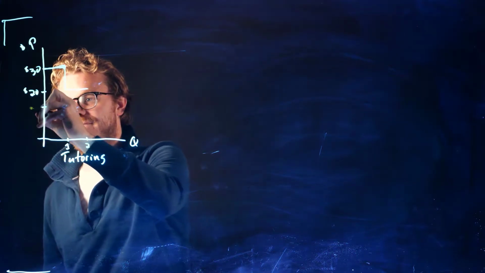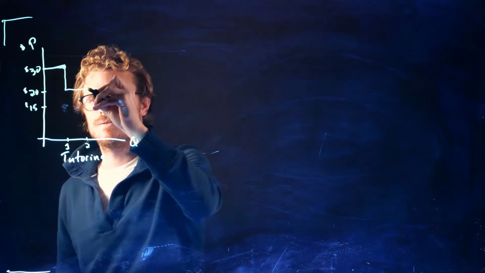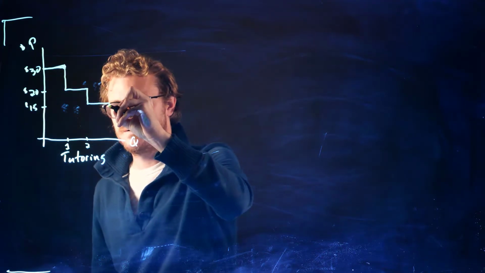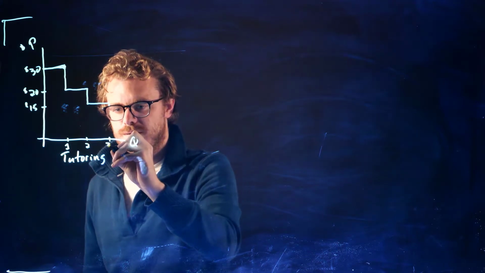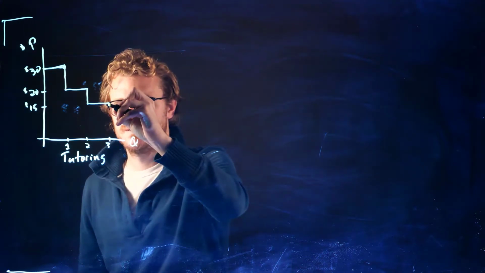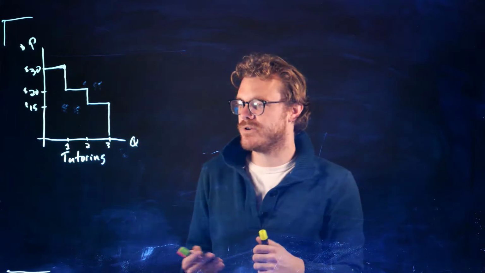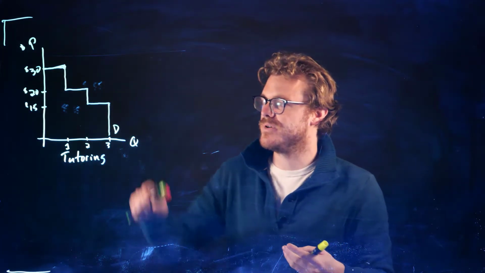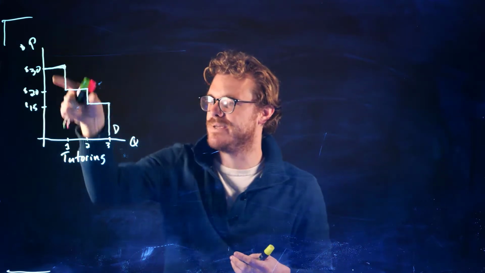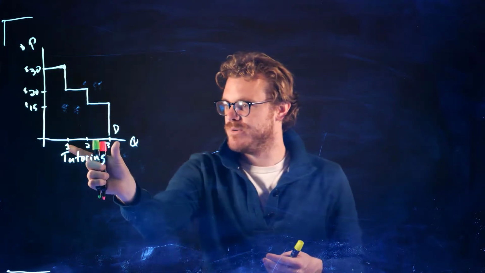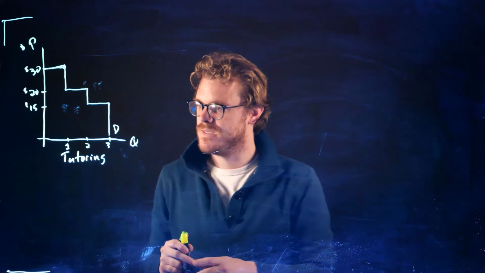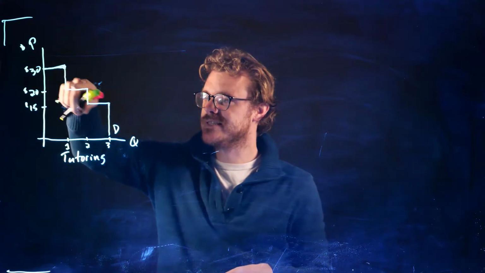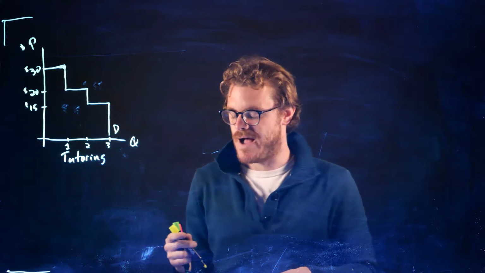And then remember at $15, Mikhail was willing to purchase. So this is what our demand curve looks like in this market for tutoring with just three people. It has this weird step shape because there's only three people and we're separating the people here.